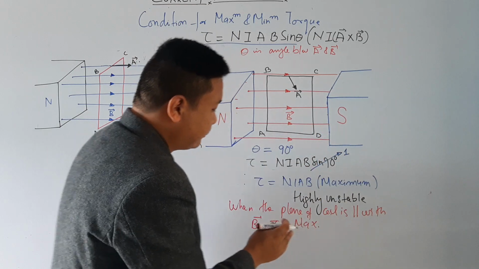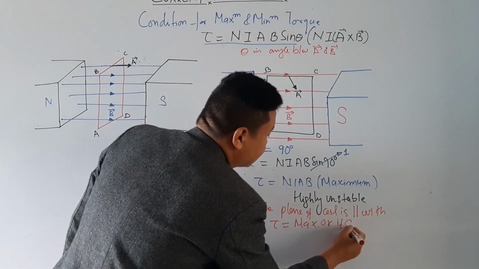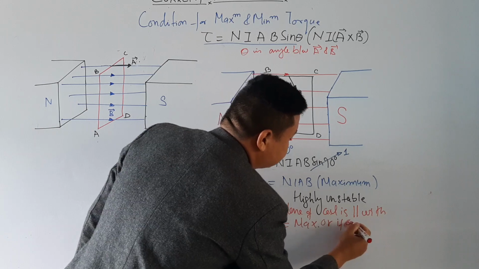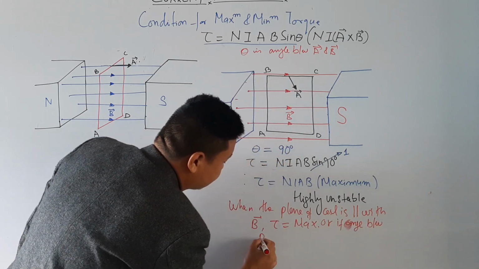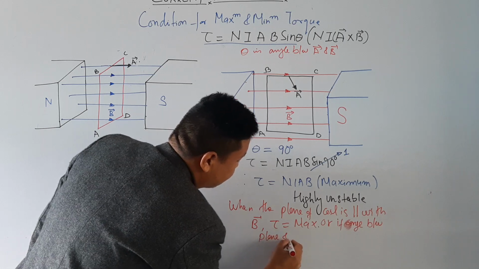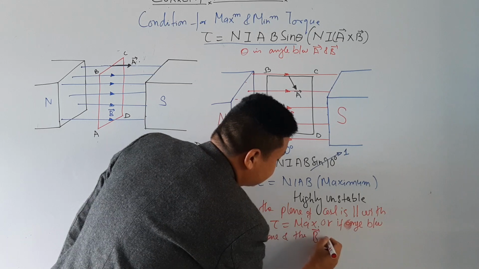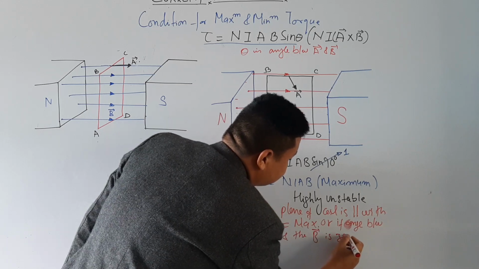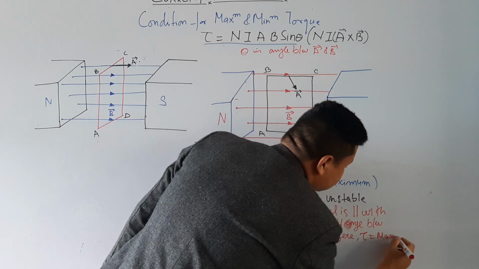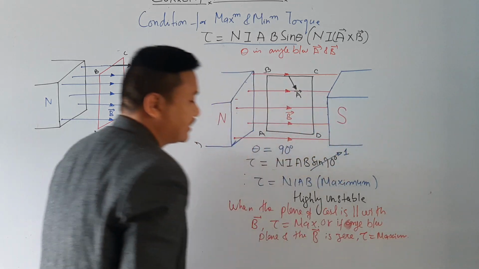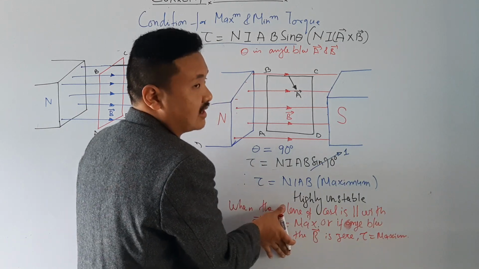In other words, you can also say, if the angle between the plane and the magnetic field is 0, the torque is maximum. So please do not be confused with this part and this part.